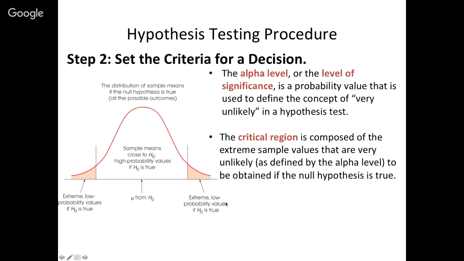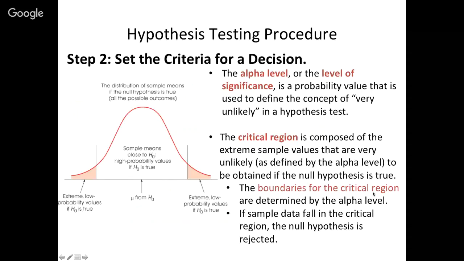So it's very unlikely a sample will fall in these red regions. We call the lines the boundary of the critical region, and we usually identify the boundary as a z-score corresponding to the alpha value.